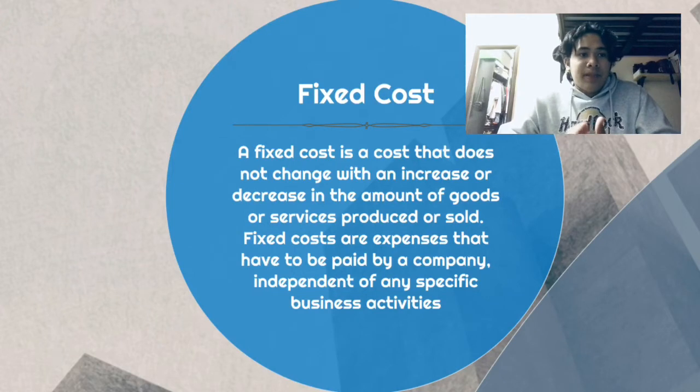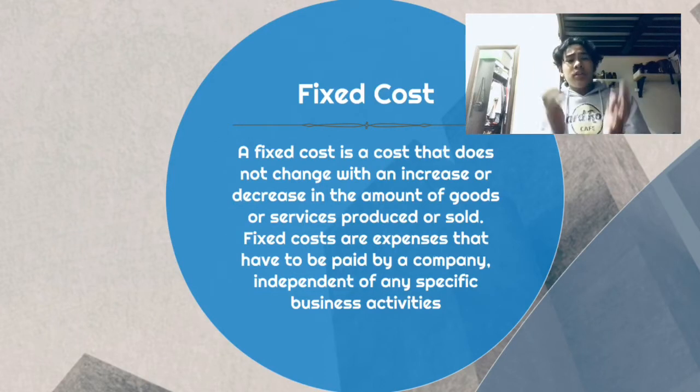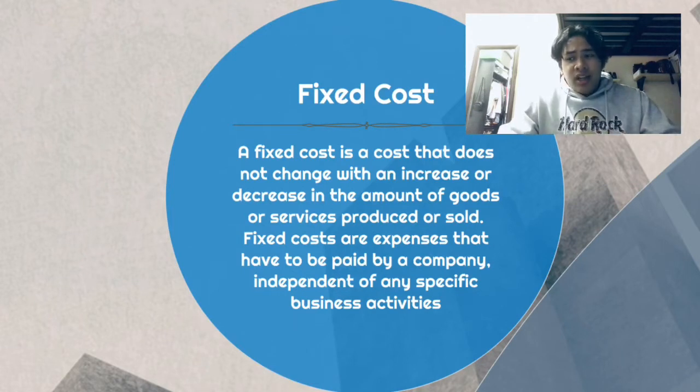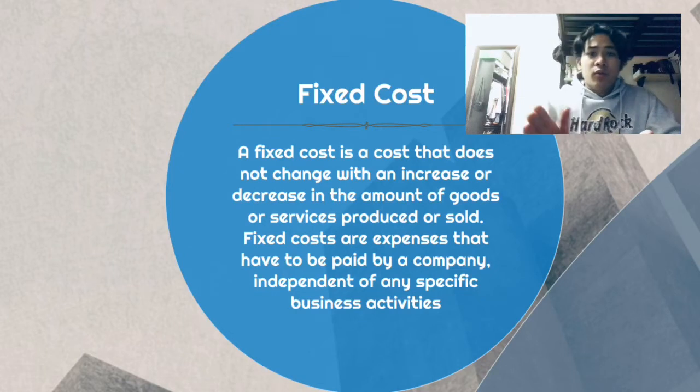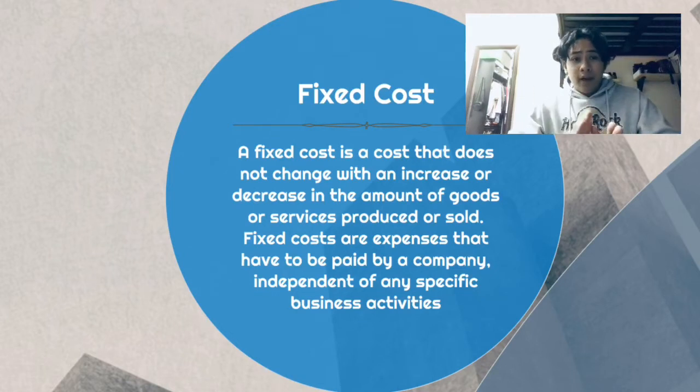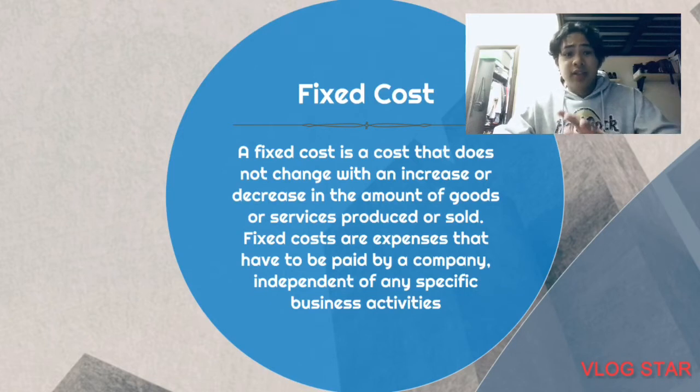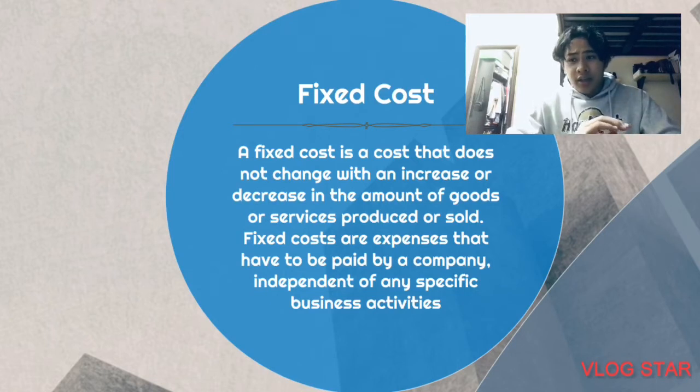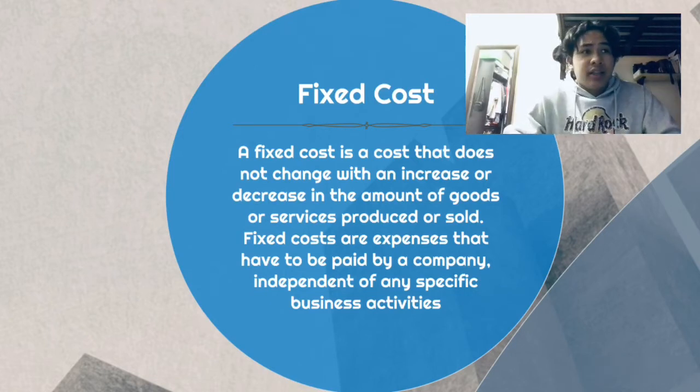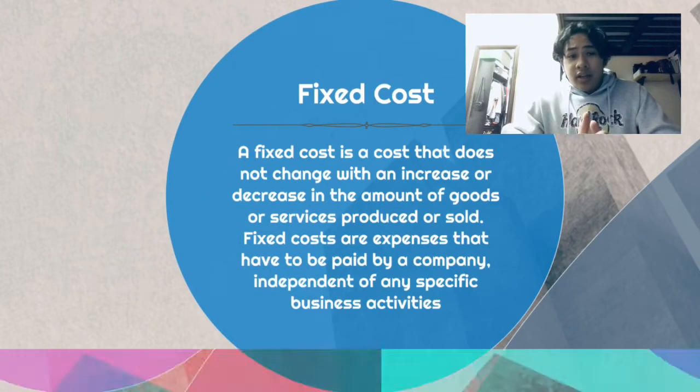Fixed costs are expenses that have to be paid by the company independent of specific business activities. An example I can give you is the rental. The rental won't change, it depends on what the agreement is. How much you need to pay for the rental is a fixed amount that you need to pay for the entire time you are renting a property.